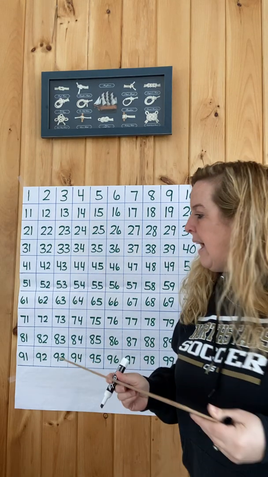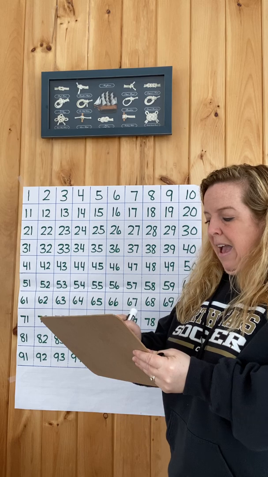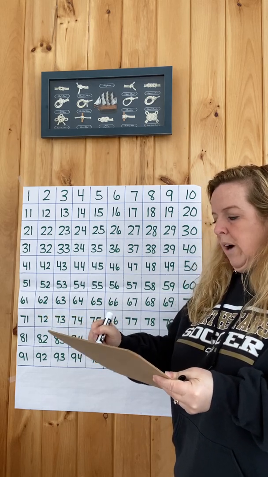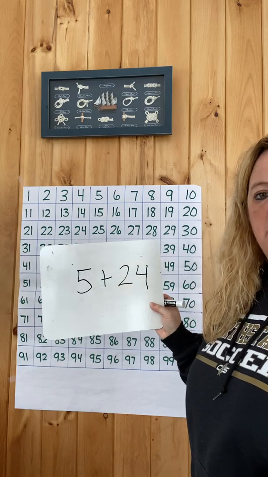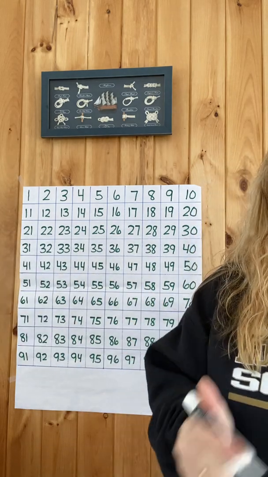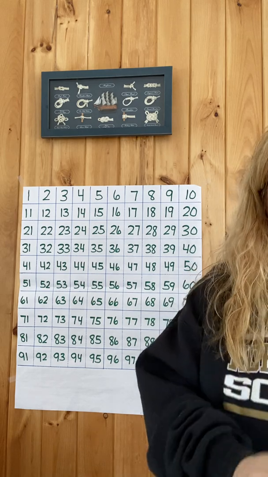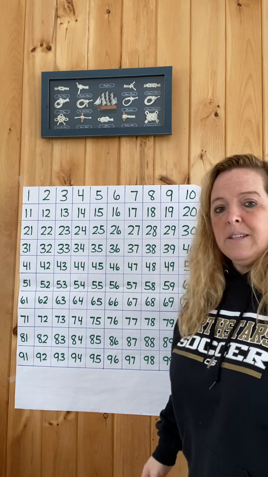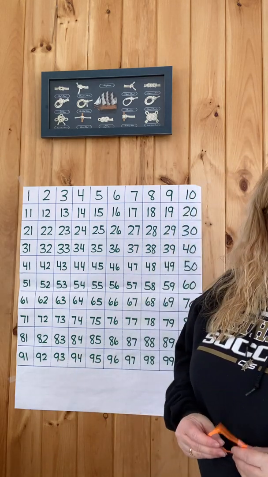Let's try 5 plus 24. There's our question. 5 plus 24. Go ahead and pause it. Figure it out. And let's see if you are correct. So, a couple ways I can do this. Remember, there's always more than one way to get an answer. 5 plus 24.